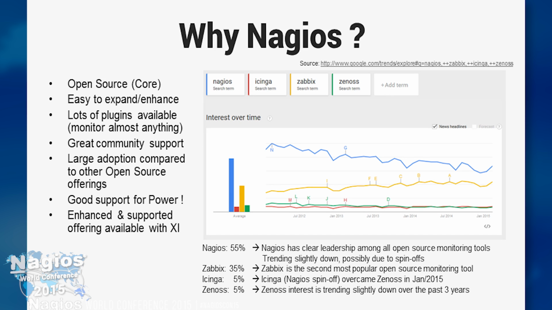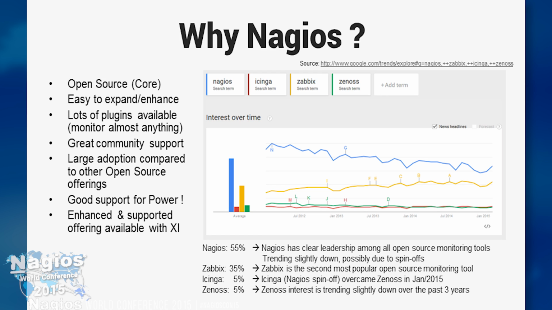So why Nagios? We evaluated some different other open source monitoring solutions. So you guys probably know most of them here. It's not a very scientific approach, but we look at, okay, what are the search trends on the internet about these solutions, right? So it shows how many people are using them, roughly.